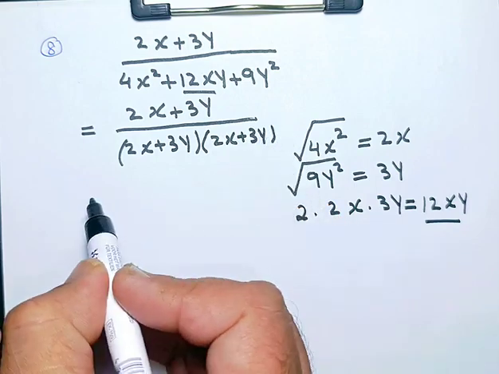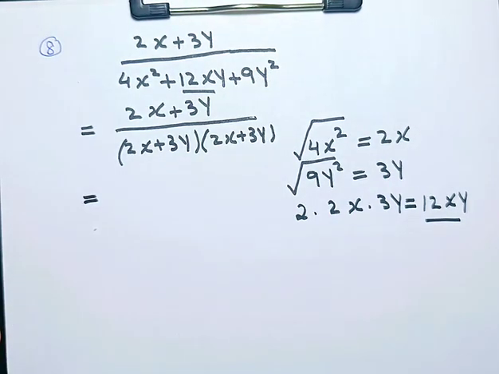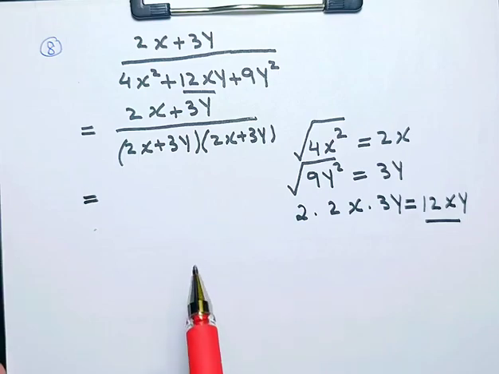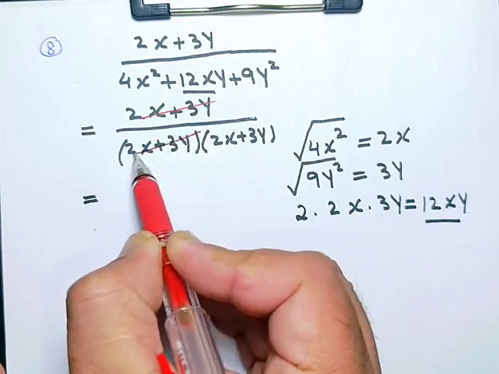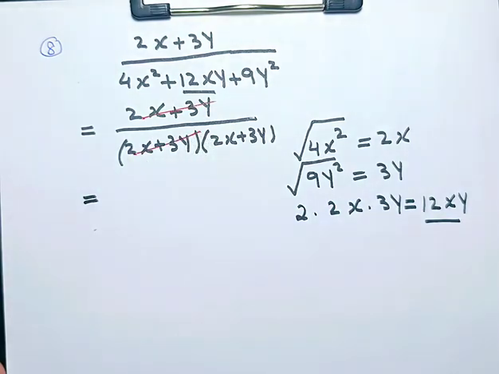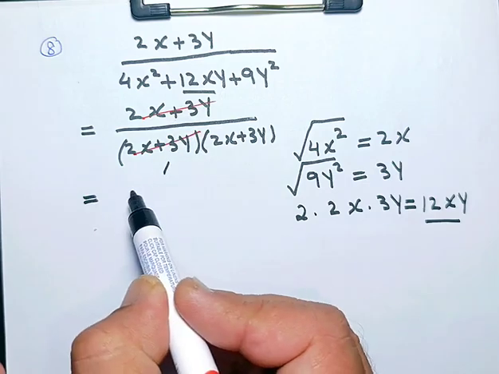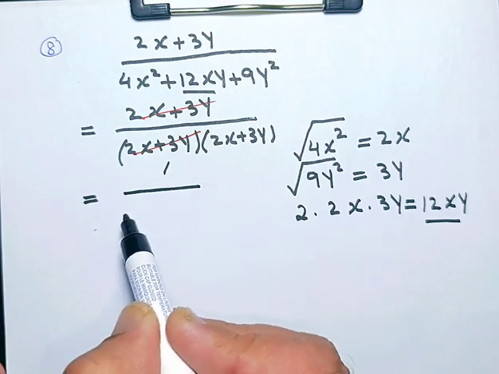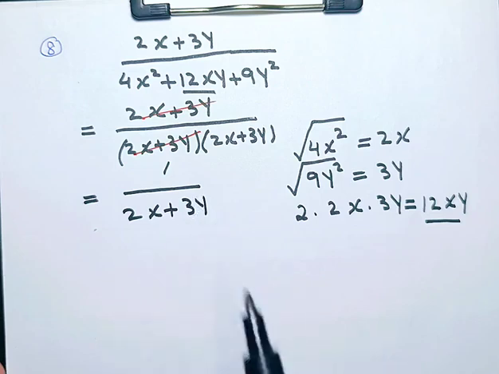That's how we factorize a perfect square trinomial. Now I can cancel out identical brackets. This is going to cancel out with this one, and now I'm left with 1 on top because nothing is left there. At the bottom I got 2x plus 3y. This is my final answer.